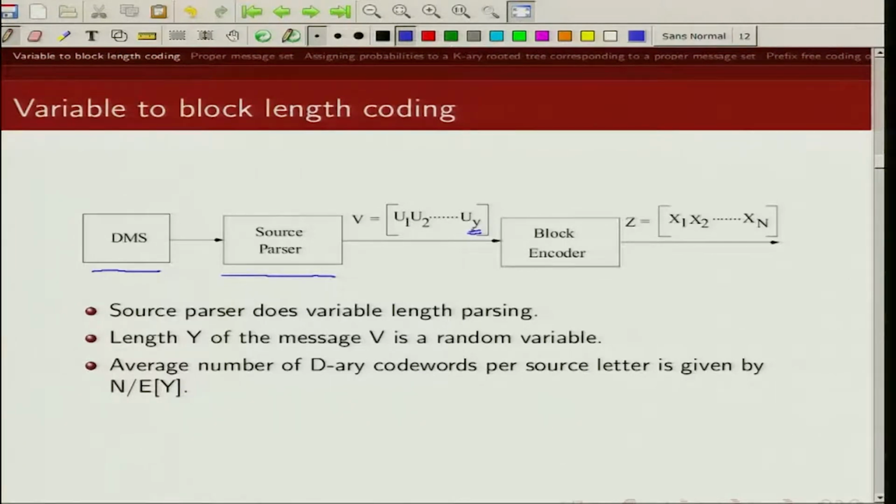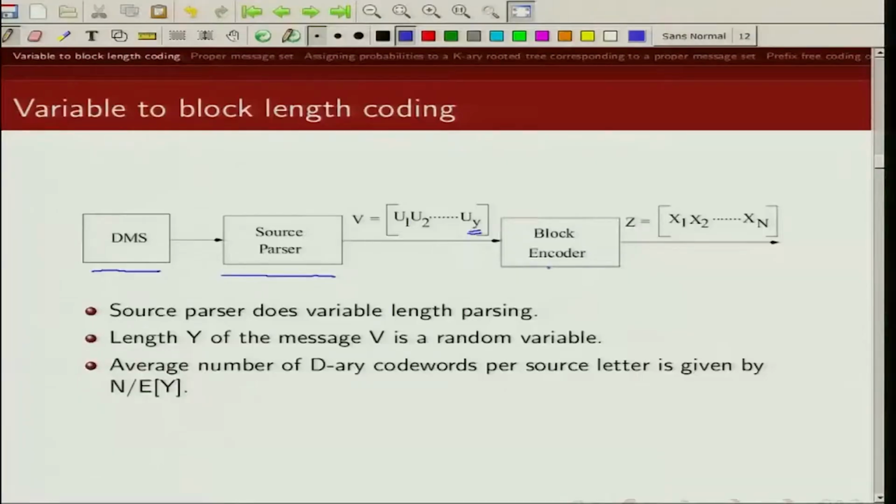So this Y is a random variable, and after you parse the input into blocks, the block encoder will map these blocks of data into code words of fixed length n. So n here is the output code word length, that's fixed. Input block size Y is variable.